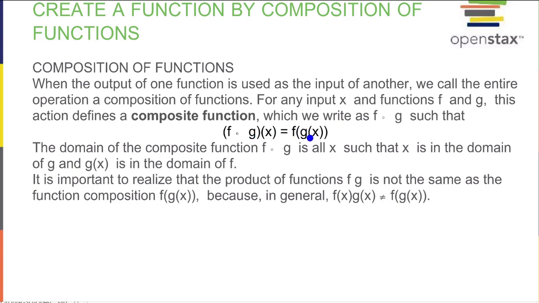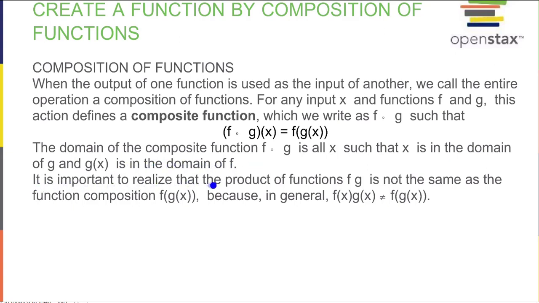If you look right here, we're substituting in for x an entire function, g. So the domain of the composite function f of g is all x such that x is in the domain of g and g of x is in the domain of f.